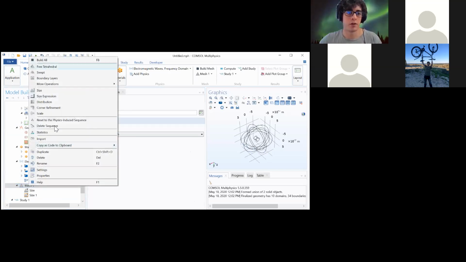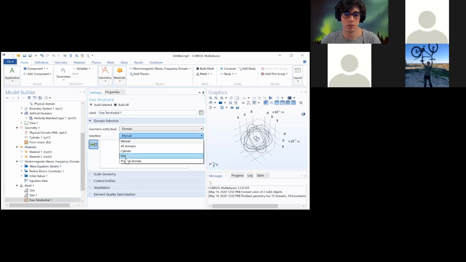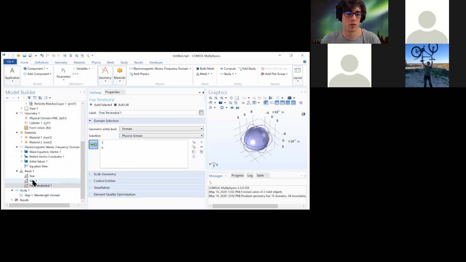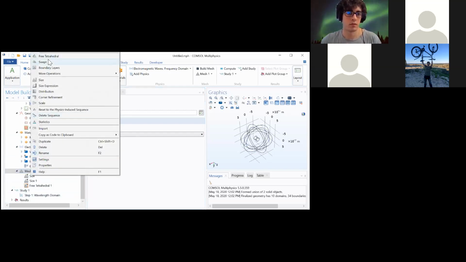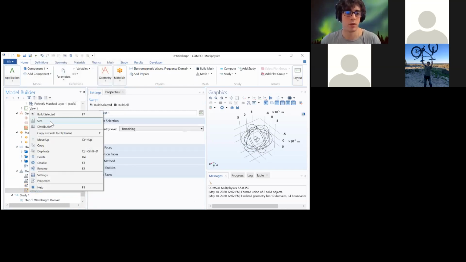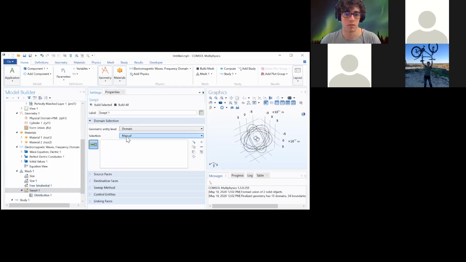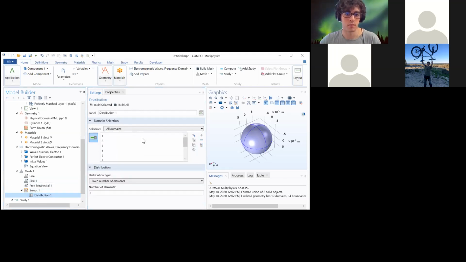And then a free tetrahedral for the physical domain. And also a swept mesh for the PML, which is ideal in this case. And here we consider at least 5 elements in the PML.